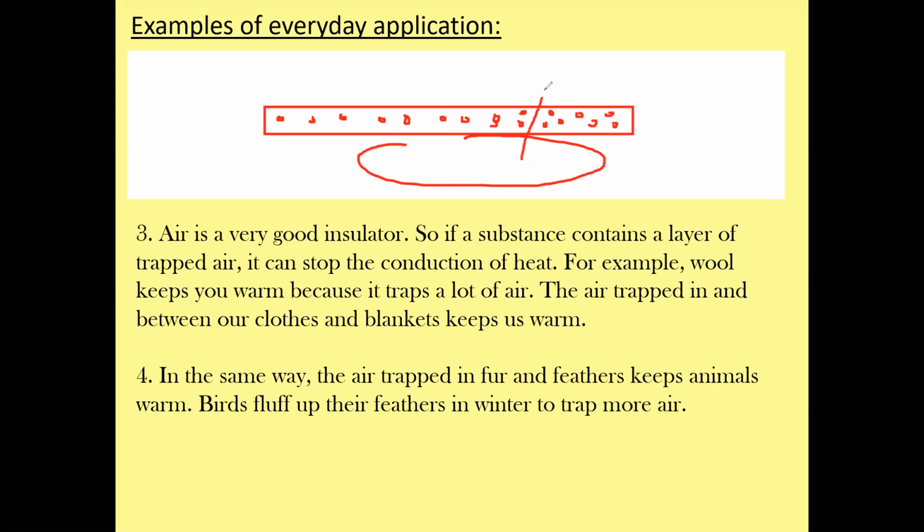We are not able to lose the heat energy. Why are we not able to lose the heat energy by using a blanket? Because this blanket traps the air molecules. As it traps the air molecules, air does not allow the heat energy to pass through easily. So our body will remain warm.